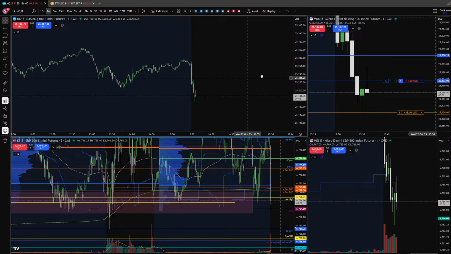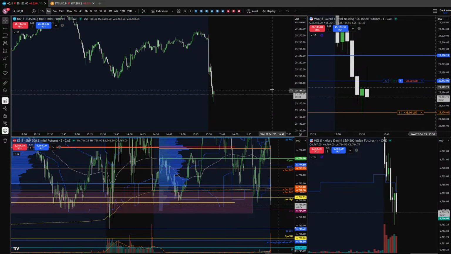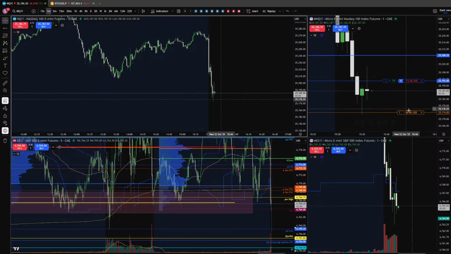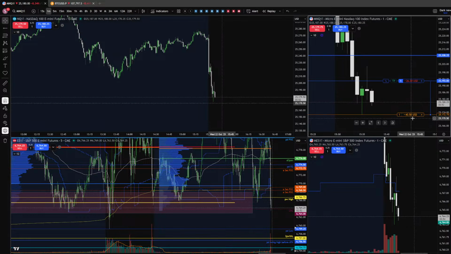This is a real strong push to the downside. So not really what we want to see for a bounce, but nevertheless, trade setup is a trade setup.